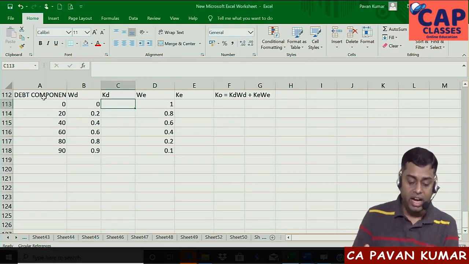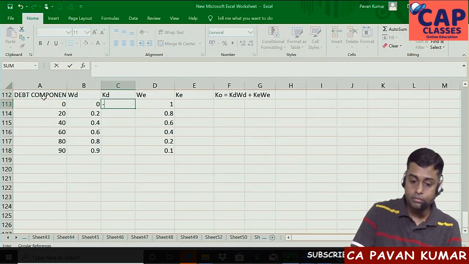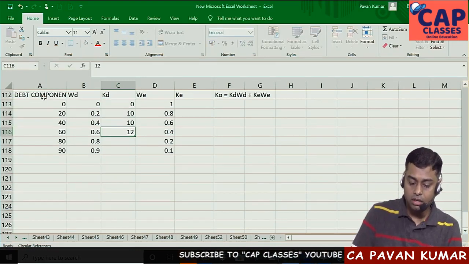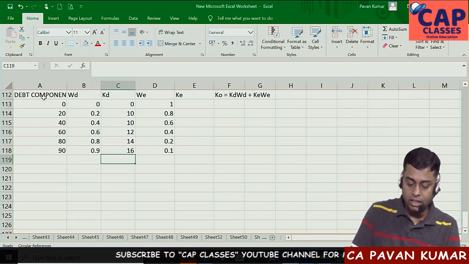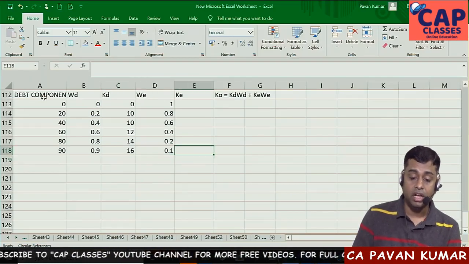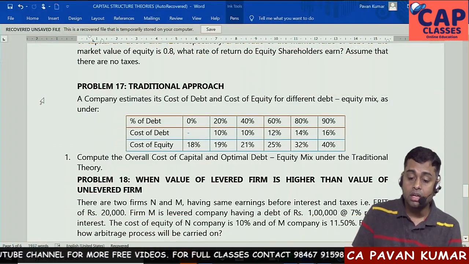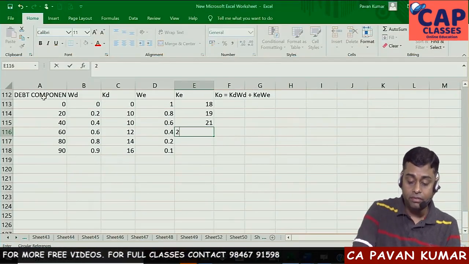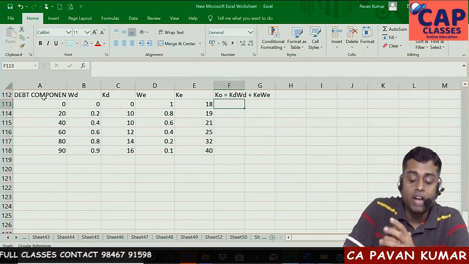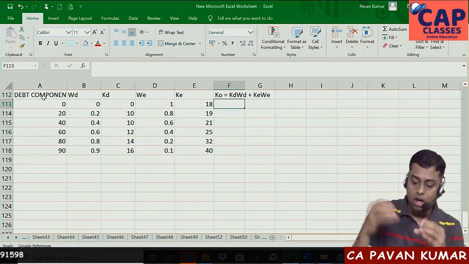Now KD and KE are straight given in the question. Cost of debt: 0, 10, 10, 12, 14, 16. Cost of equity is 18, 19, 21, 25, 32, 40. Now do it yourself. Overall cost of capital, calculate KO is equal to KDWD. Take weight of debt, cost of debt, multiply.